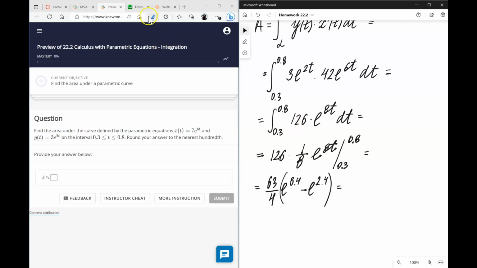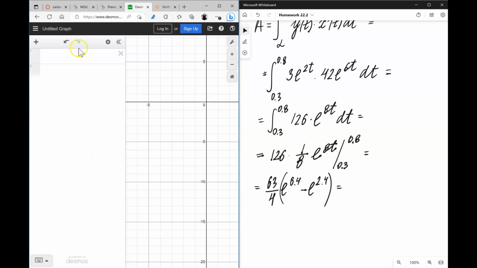And I would put this in Desmos. And that's the answer. However, now that I'm here, why not just enter the whole integral?